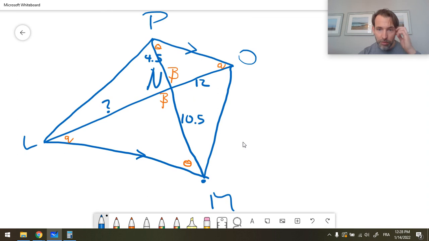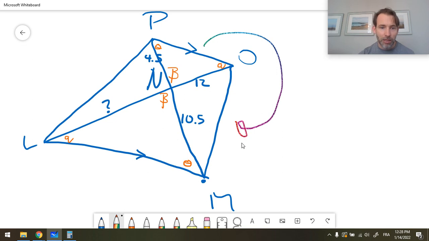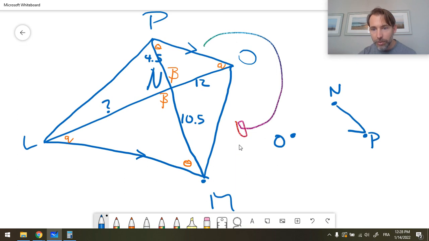So what I'm going to imagine is that I rotate this triangle around so that it lines up in the same way as this one. I'll draw this one in blue and this one in orange. So here is N. And then I'm rotating around, so O comes around, and here's O. And then P is over here. And I have the following side lengths.